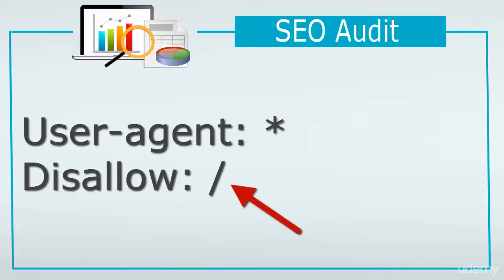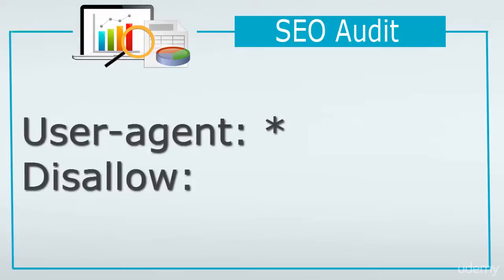If it has this / right here, this means this file is telling search engines not to index anything on your website. If you simply remove that /, it means they are free to index any page and any directory on your website. So you can see how something so small can make a huge difference.